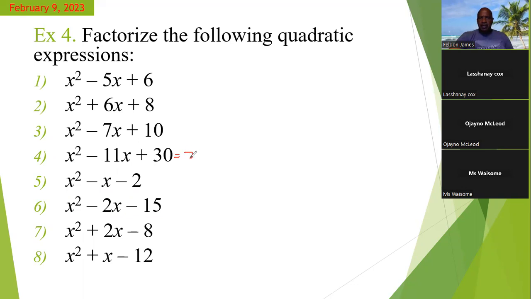Yes, sir. We have x squared minus, as I say, the order doesn't matter, so you can have minus 6x minus 5x plus 30.